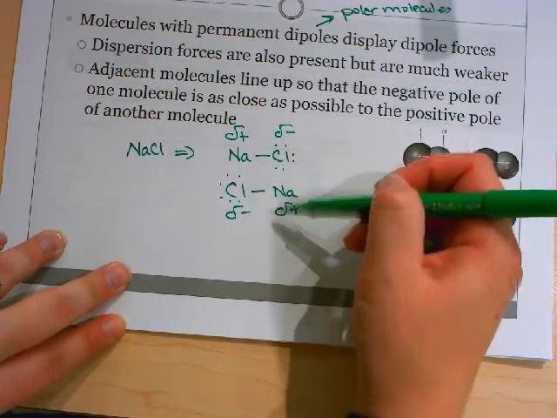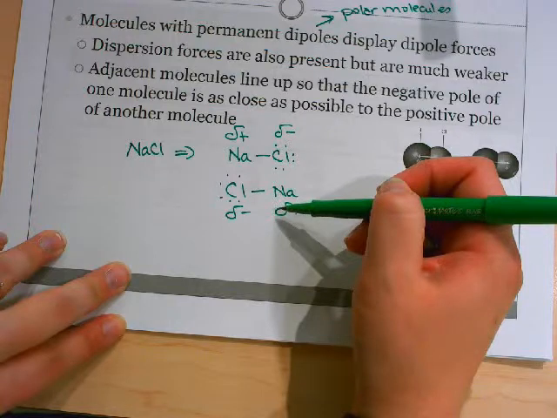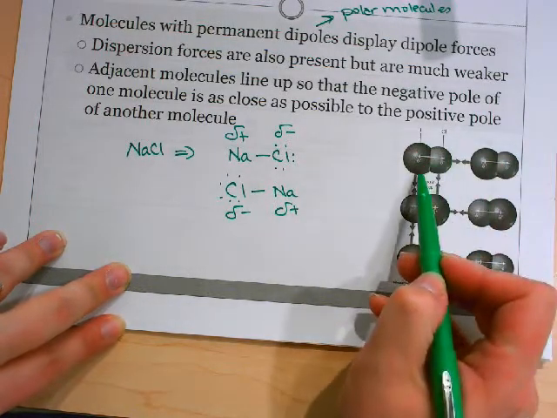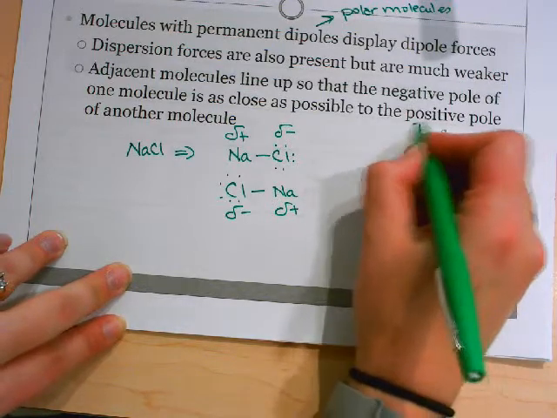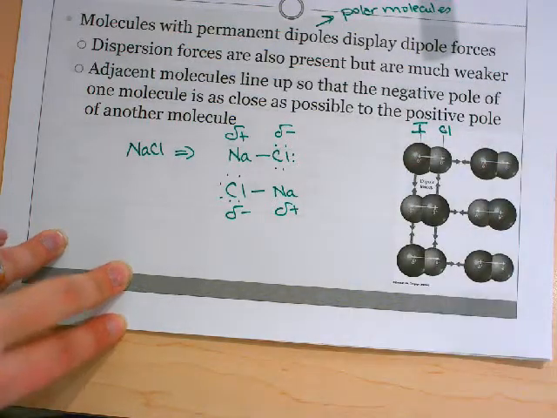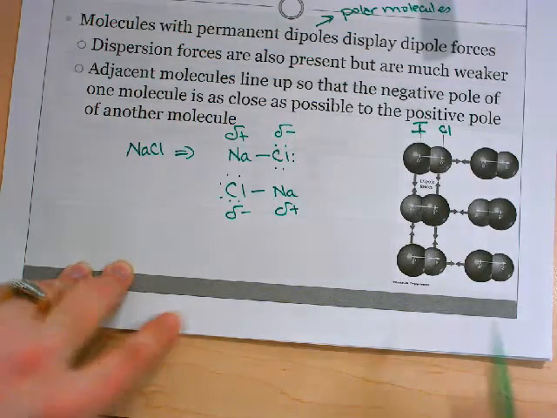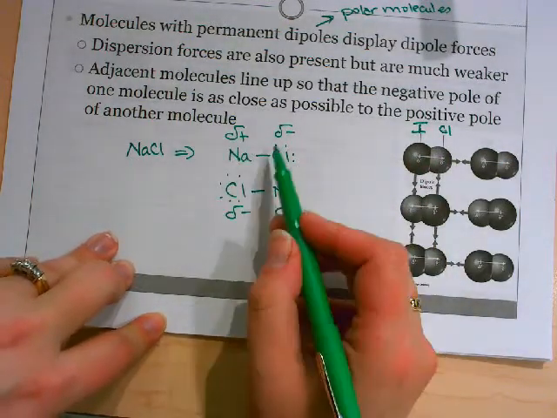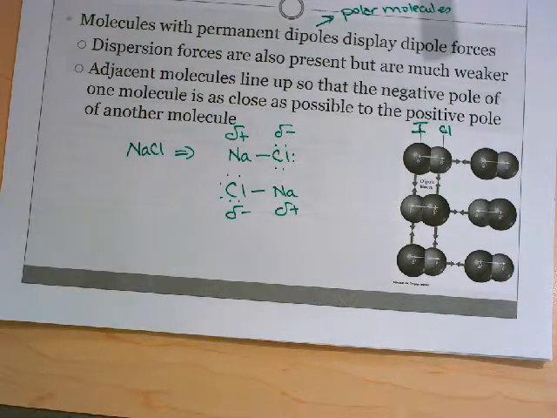The chlorine and the sodium are opposite, so the poles even out, which is what's showing over here. This happens to be iodine and chlorine. So you end up with the positive opposite of the negative, and the negative opposite of positive, and they kind of stack in that way.